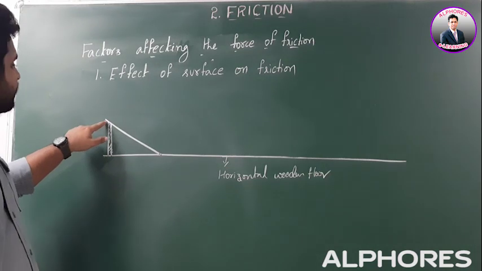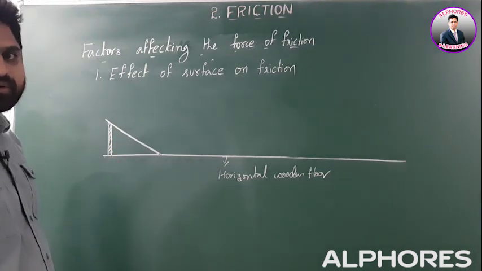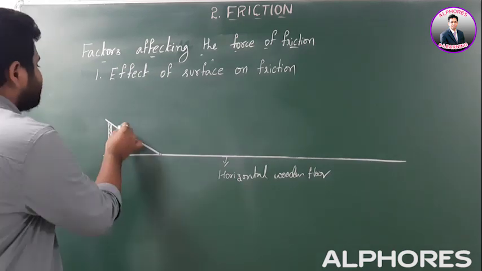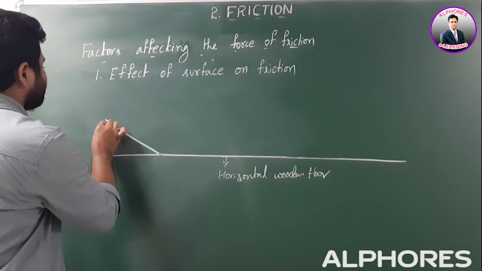I have taken a long wooden board here which is acting like an inclined plane. Now let me put a mark at any point on this inclined plane, let's say A.